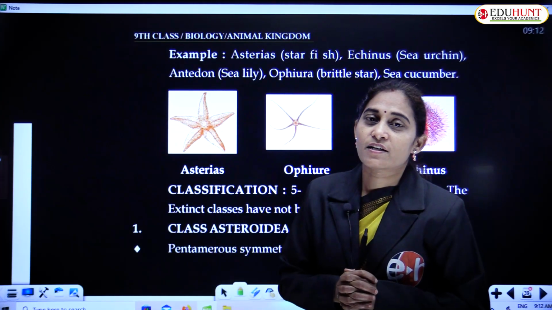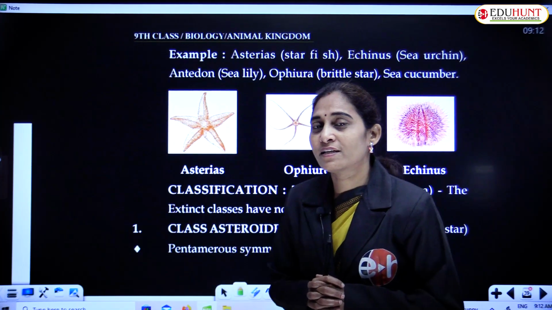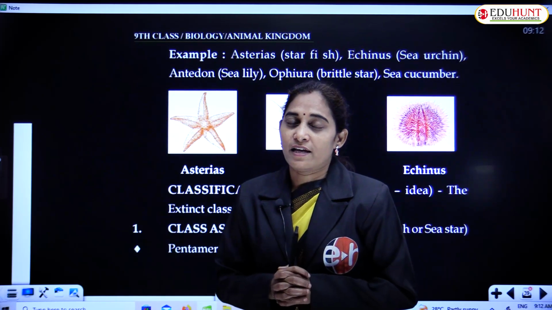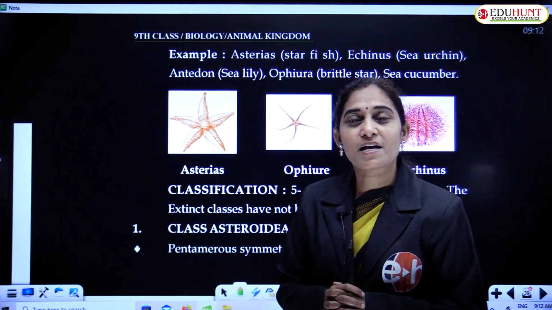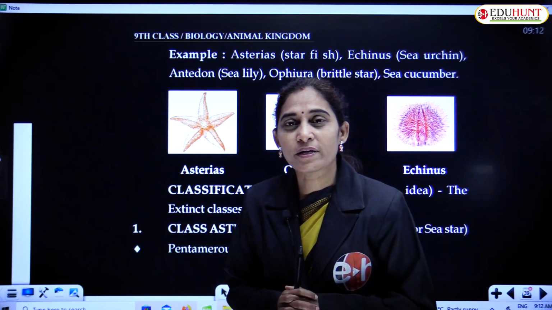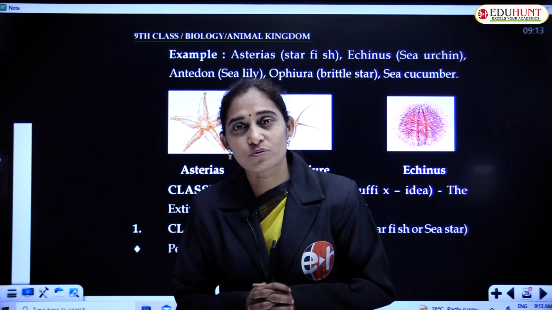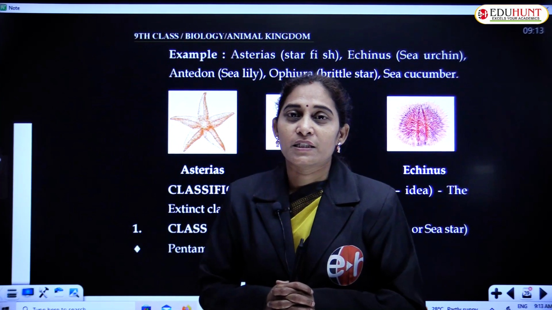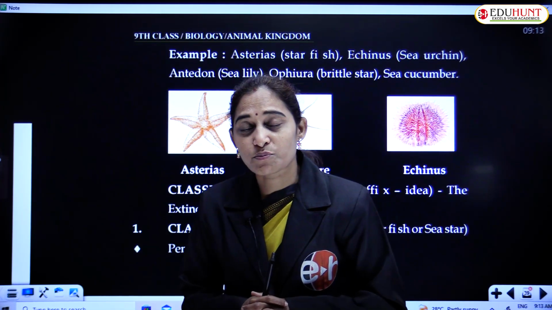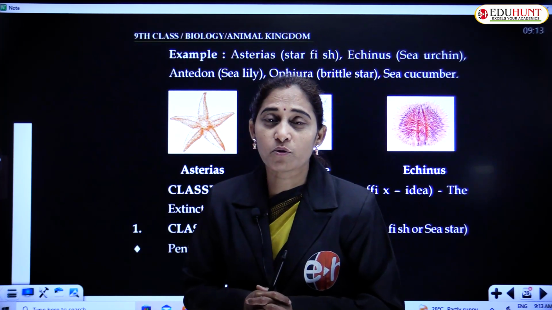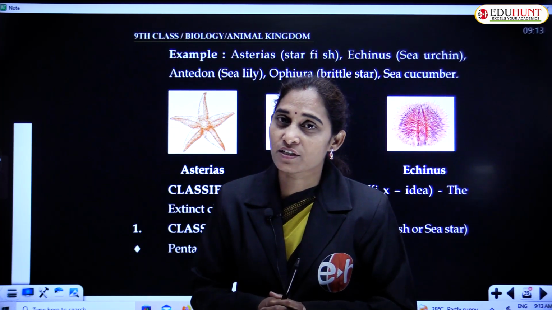First of all, these have spiny skin, these are exclusively marine, and excretory system is absent. These are true coelomates with enterocelic type of true coelom, and water vascular system, also called ambulacral system, is present. Tube feet aid in locomotion as well as in respiration.